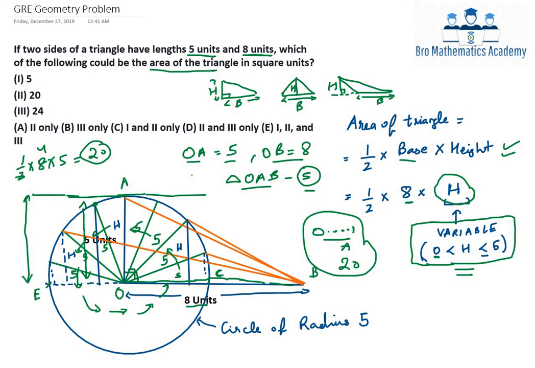You can visualize it, go over it again and again. Even if I take some point here, some point here, the height will always be less, and the formula always holds true, half into base into height. So 5 and 20 are true, right? First and second, so C is the correct option.